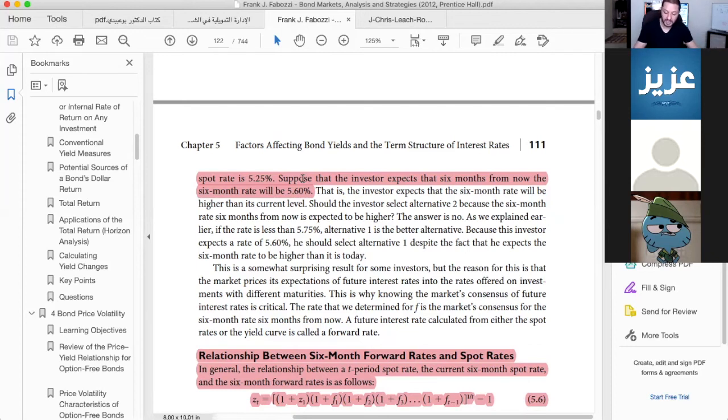And this guy is expecting that this rate will increase to become 5.6% after 6 months, right? He's still interested in investing his money for 1 year, and he still has the choice between alternative 1 and alternative 2. What choice should he make? Should he choose alternative 1 or alternative 2?